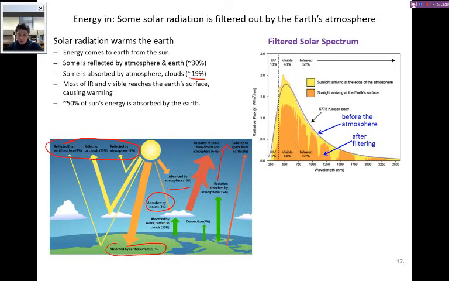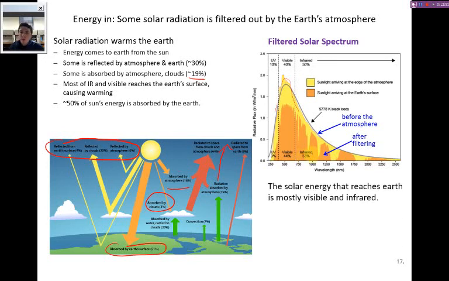It turns out that the light that arrives at the edge of our atmosphere is different in terms of its total composition compared to the light arriving at the surface of the Earth. So before it reaches the atmosphere, we would have the yellow portion of this diagram. And what we see is that after it gets through the atmosphere, some of it is filtered through.